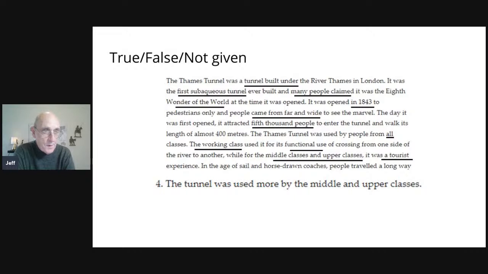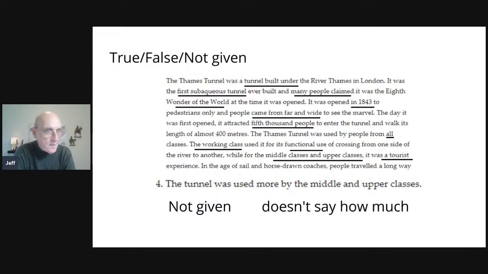So there's no comparison here. So the information that the tunnel was used more by the middle and upper classes is not in the passage. So now we know for sure that it's not given, because it doesn't say how much or compare how much the different classes used it.